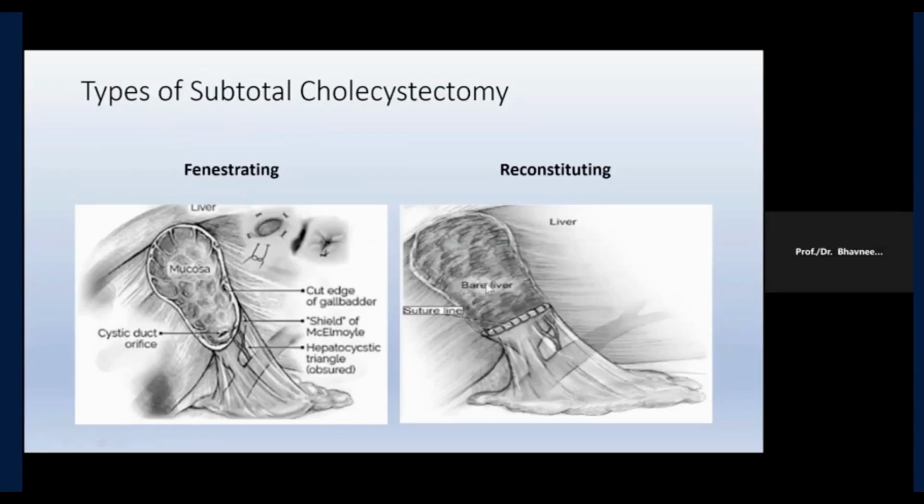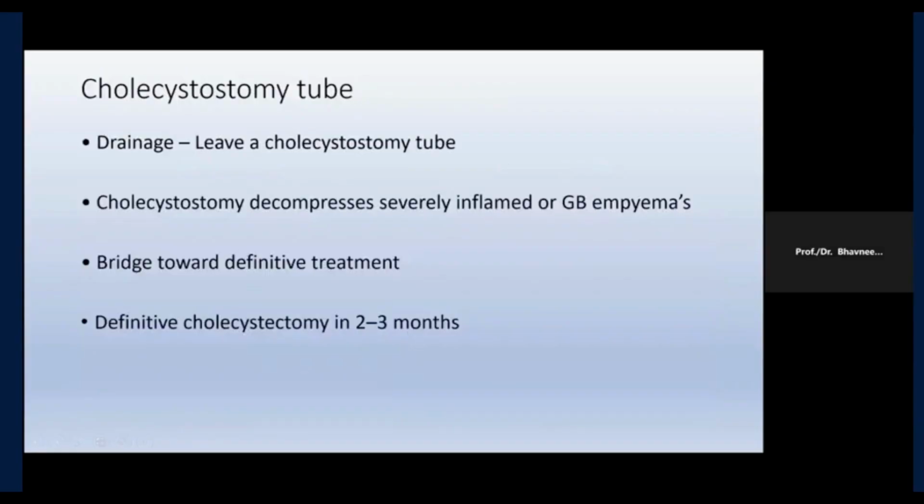So the chances of postoperative bile leakage are less, but as you can see and understand from here, now that you have left a part of the gallbladder behind, there is a possibility of developing recurrent CBD stones or recurrent gallstones within this remaining part of the gallbladder. But these are two bailout options which are really helpful. The third is you leave a wide bore catheter in the gallbladder.